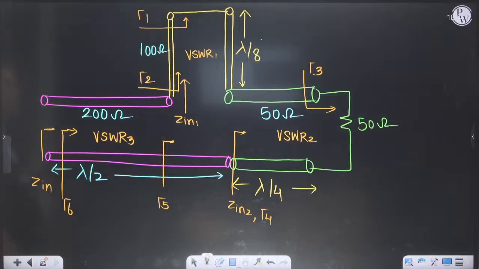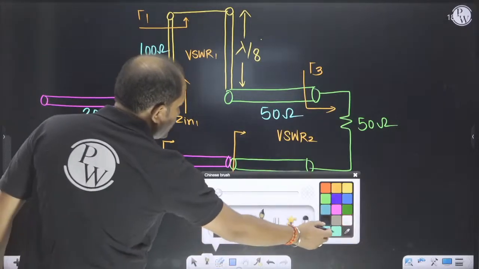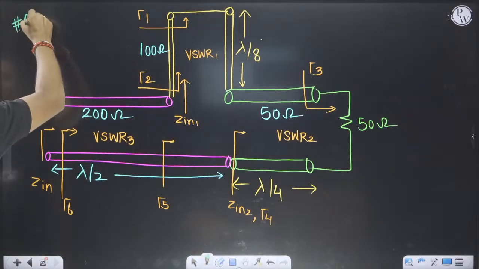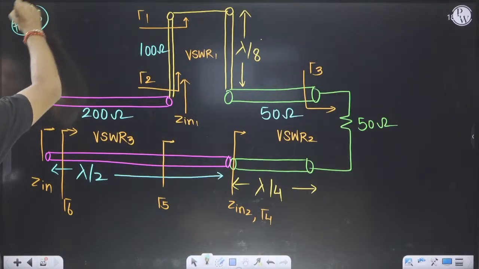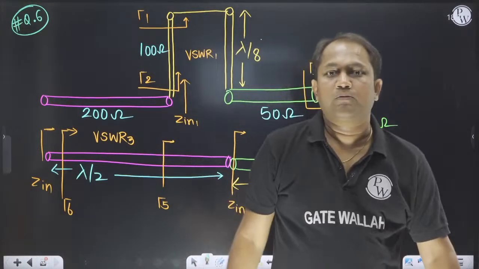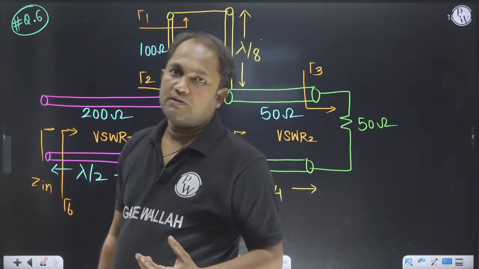Then this is the homework, self-assessment. You can do it yourself. I will discuss question number 6 in tomorrow's class. Tomorrow I will discuss 10 to 15 problems, because those problems are very easy.